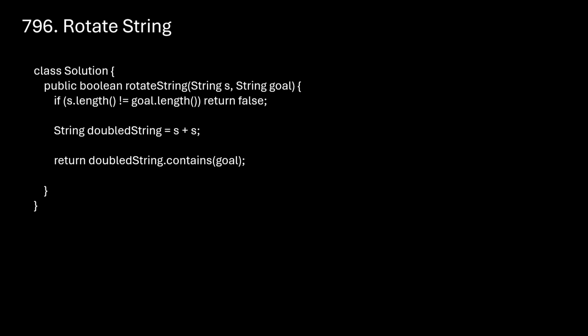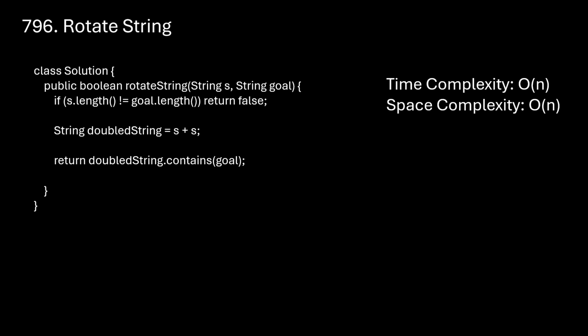And I know it seems really chill compared to the first solution, but this is one of the most optimal solutions you can come up with for this problem since it's an easy problem. The time complexity would be big O of n, and the space complexity would also be big O of n for the length of the string being doubled.